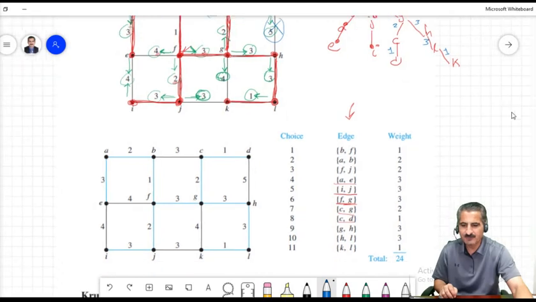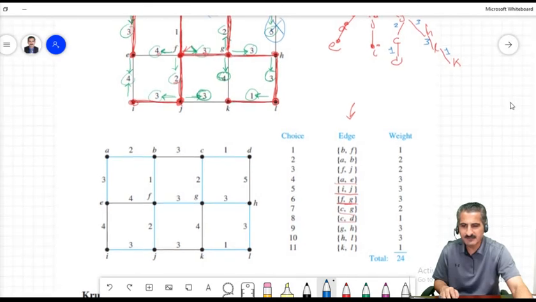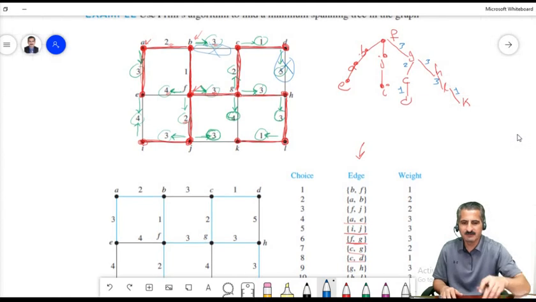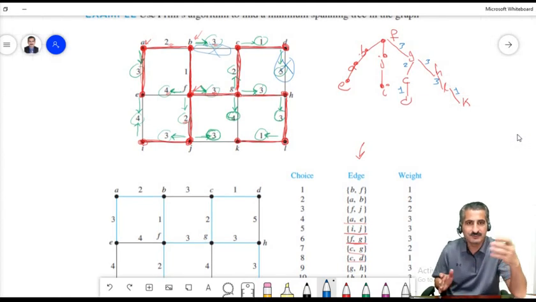We could have more choices. Like at some stages we had 3 edges or 5 edges. Each of them has the minimum weight of a 3, and we could choose any one of them.